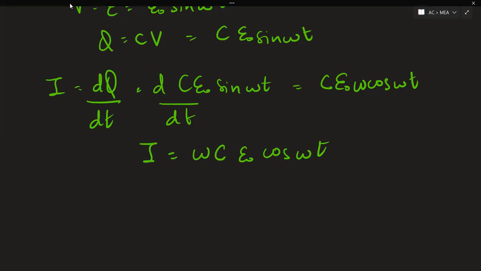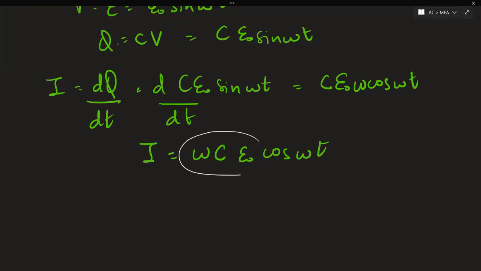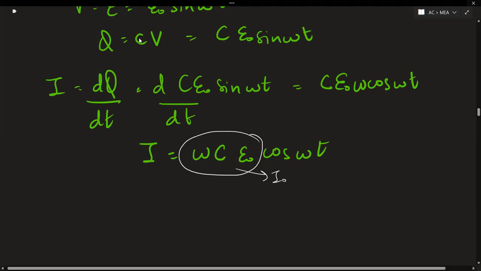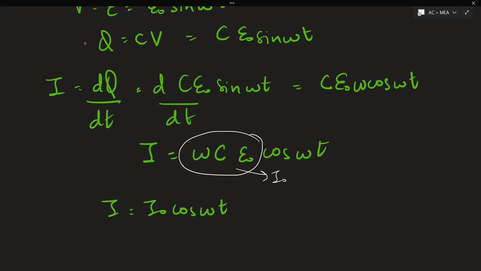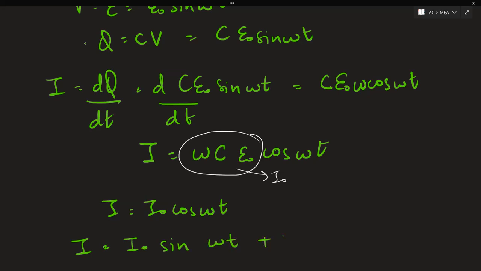Now see here, in this case, the term that you are obtaining is acting as I naught. So I will be equal to I naught cos omega t, or you can write this directly as I naught sine of omega t plus pi by 2, by the identity.